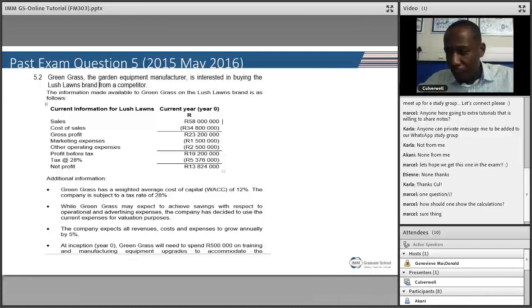So I'll read question 5.2. It says, Green Grass, the garden equipment manufacturer. By the way, this question is completely different from the Green Grass we just did in question 4. They just use the same name. Please don't mix up and take figures from question 4 and bring them to question 5. We're going to use what we have here. Green Grass, the garden equipment manufacturer, is interested in buying the Lush Lawns brand from a competitor.